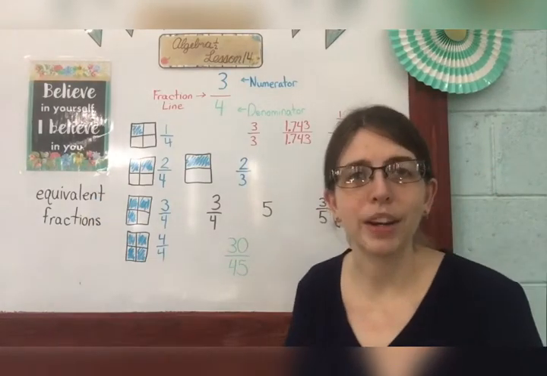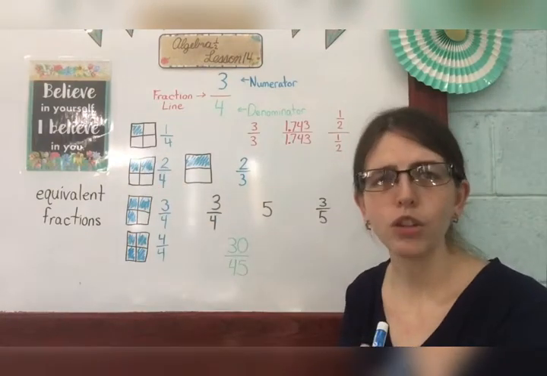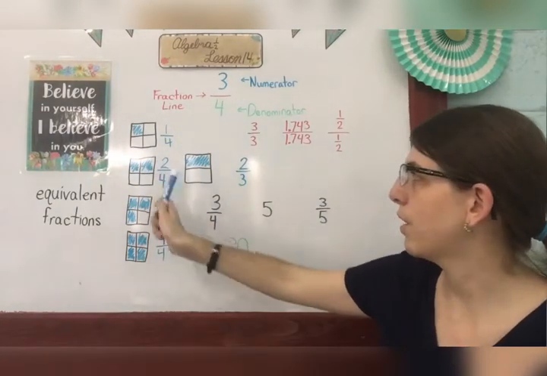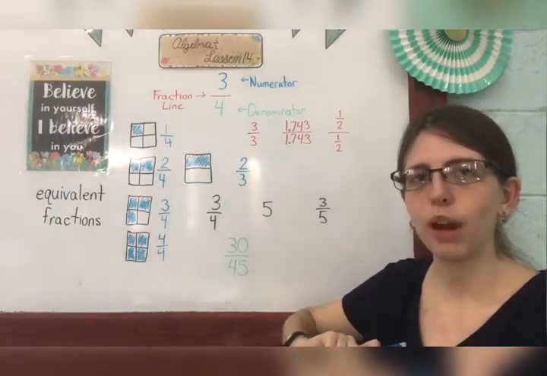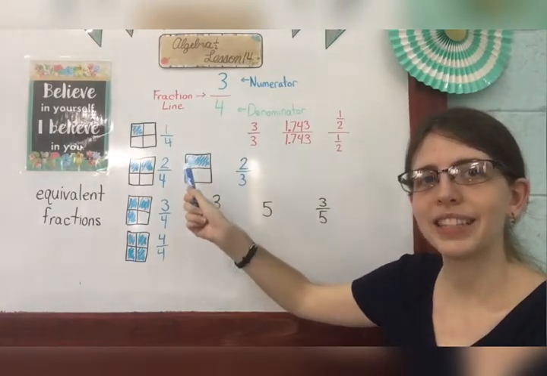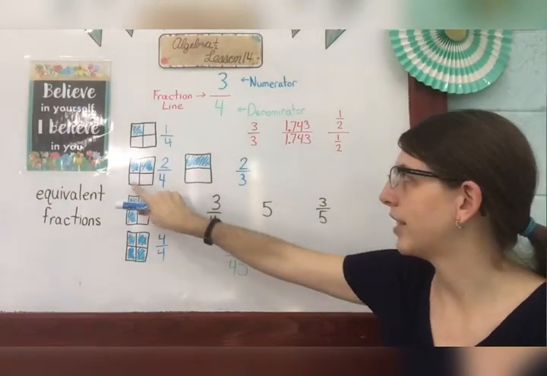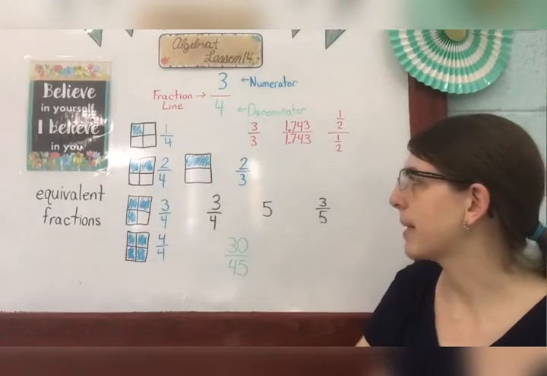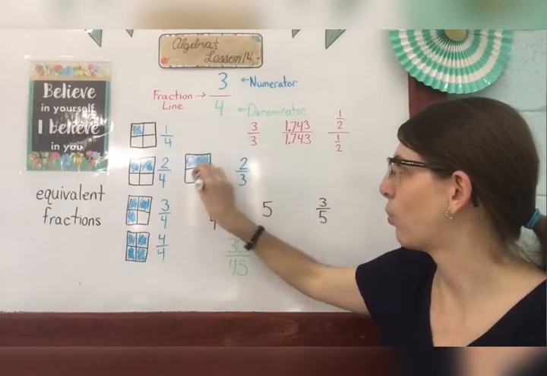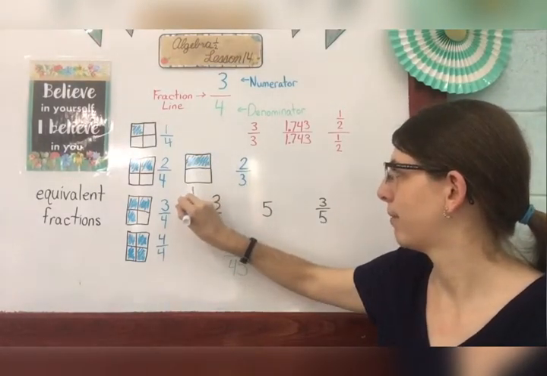So I'm going to show you an equivalent fraction. Right here you have the fraction 2/4, 2 of the 4 pieces. Look at the square right next to it. Do you see how it has the same size piece colored in as this one? But it's different because this fraction is just 1 out of 2 pieces.